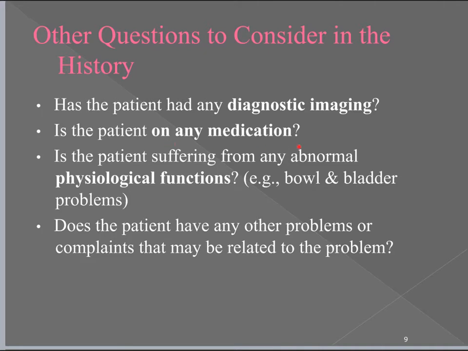Is the patient on any medication? This becomes important so that you can detect behavior, right? So mental illness is one that I'm thinking of. ADHD, ADD, bipolar. We can think of a list of diseases that we really want to know that our patient is taking medication for.